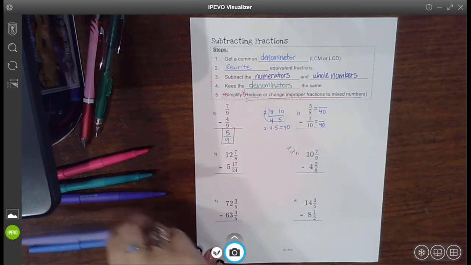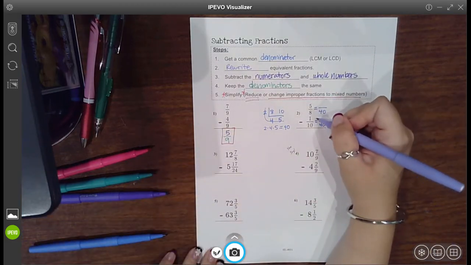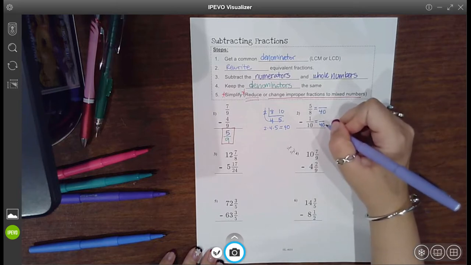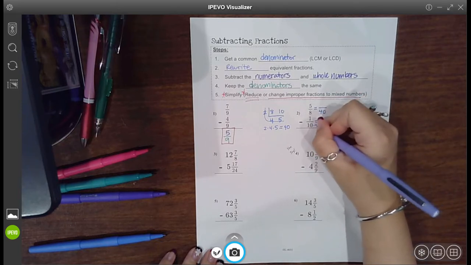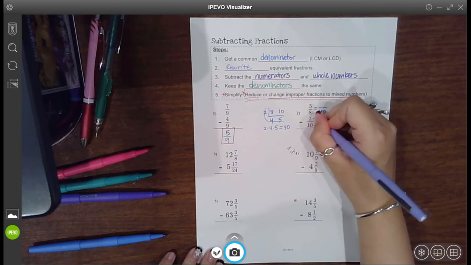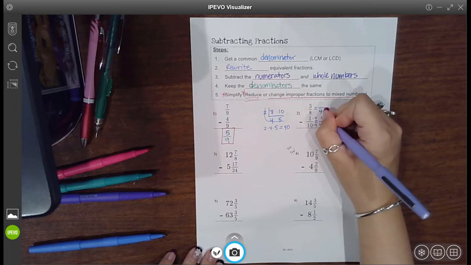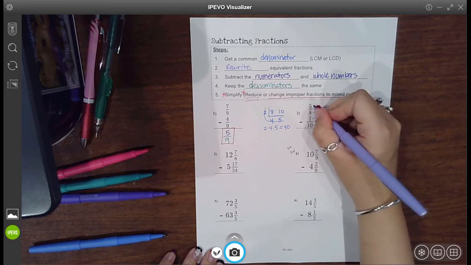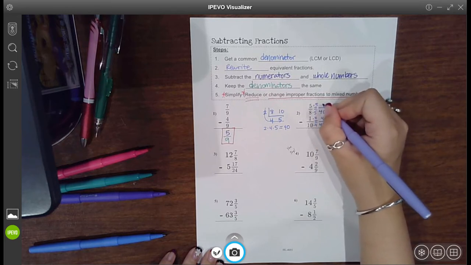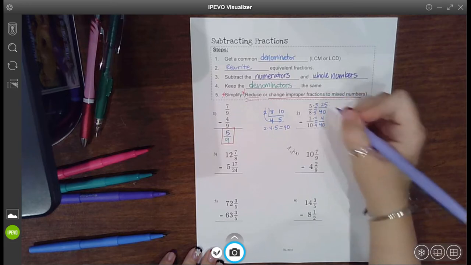I'm going to rewrite equivalent fractions to 5/8 and 1/10, but with denominators of 40. 10 times 4 is 40. So do the same thing on top. 1 times 4 is 4. 8 times 5 is 40. So do the same thing on top. 5 times 5 is 25.